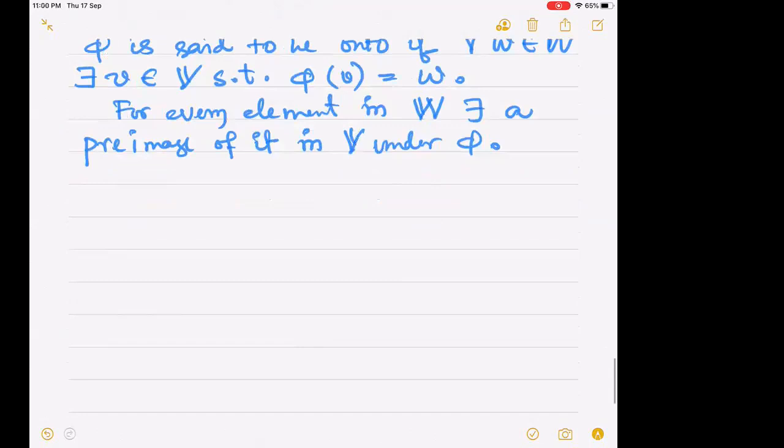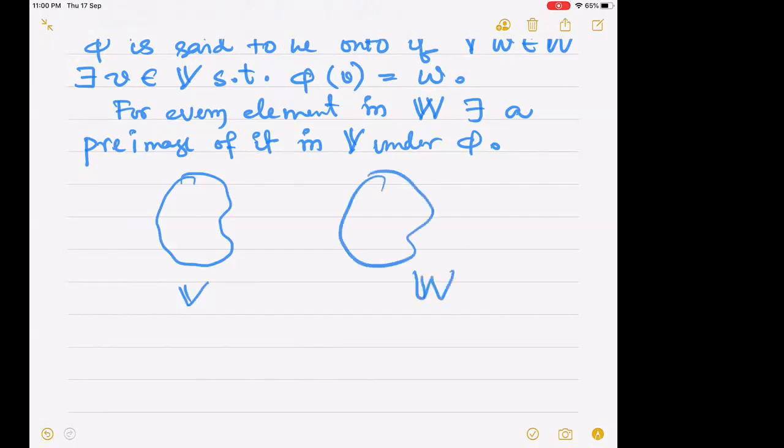So you remember the picture, no? This is my vector space V, this is my vector space W, this is the mapping phi. What this says is that for everything here, there would be something here which gets mapped to this thing here. That means this thing is full.